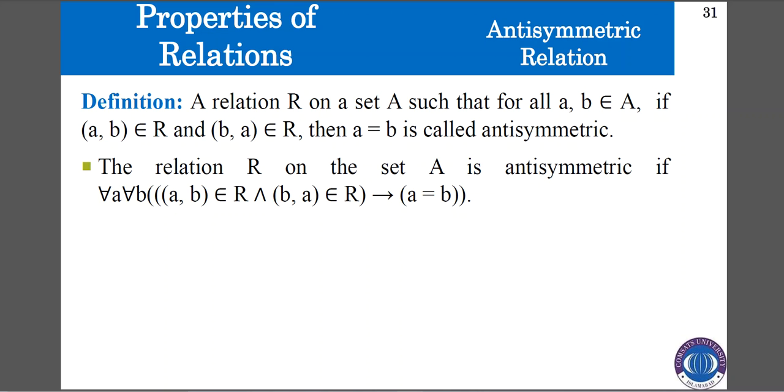If a is not equal to b, then it is not called antisymmetric. The relation R on the set is antisymmetric if for all a, for all b, pair (a, b) belongs to R and pair (b, a) belongs to R implies that a is equal to b. It means that the pair's elements are equal. Then a relation is called antisymmetric.